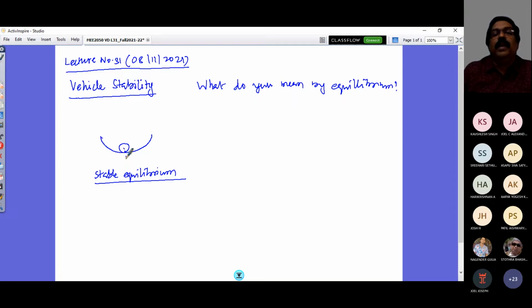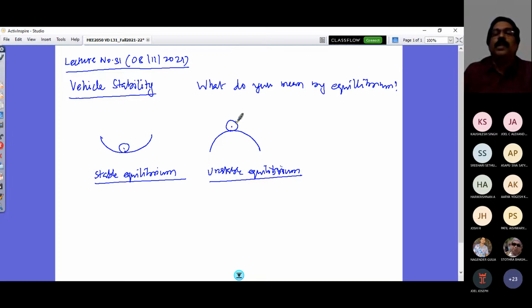If the same sphere is kept on a curvature upward like this, I would also call that an equilibrium point, but this equilibrium is called an unstable equilibrium. What do you mean by unstable equilibrium?